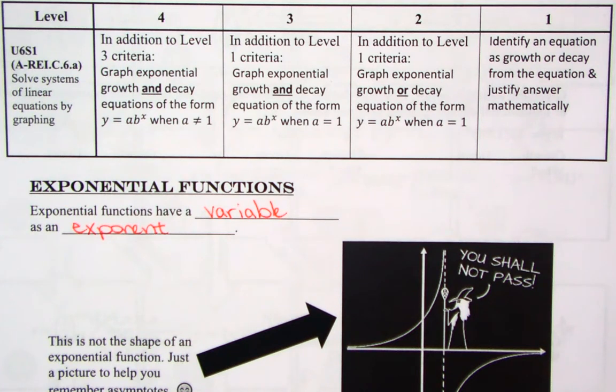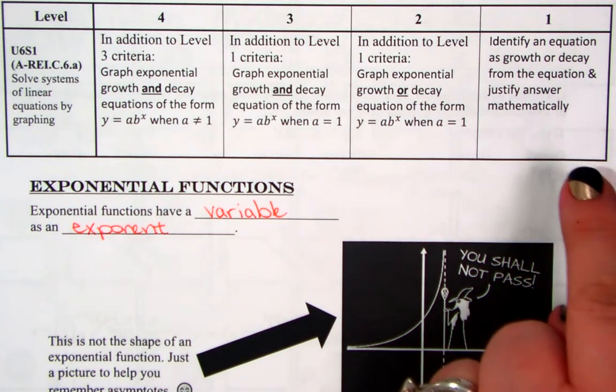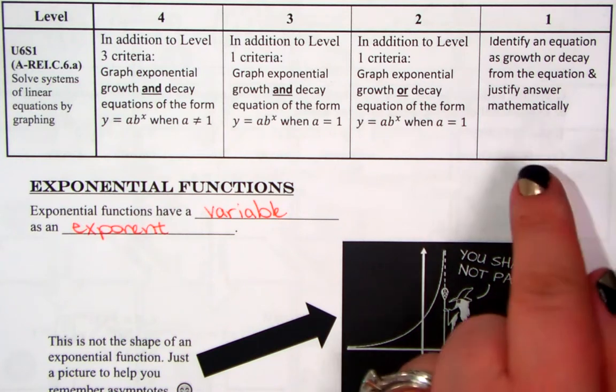For our first standard in Chapter 8 or Unit 8, we are asked to graph exponential growth and decay equations. For a level 1, you simply have to identify an equation as growth or decay before you are graphing it.